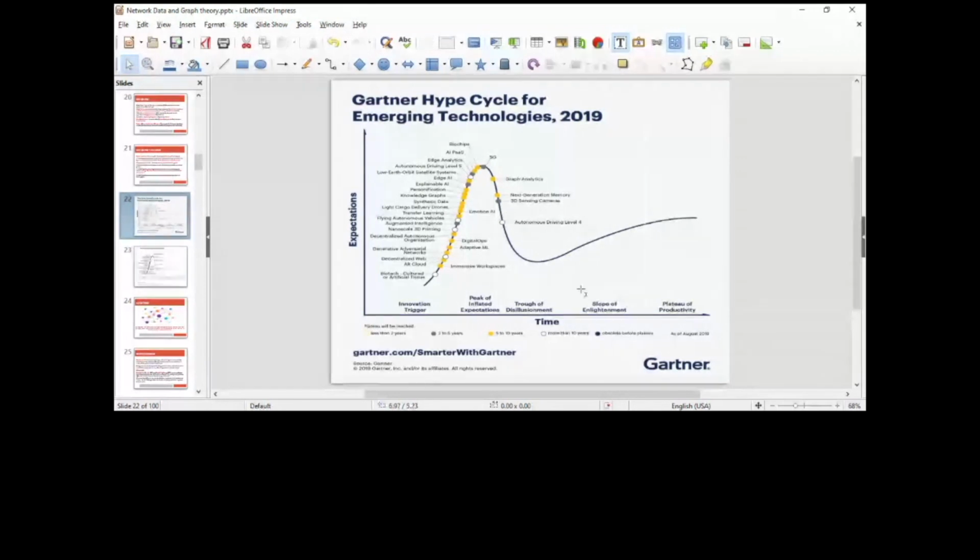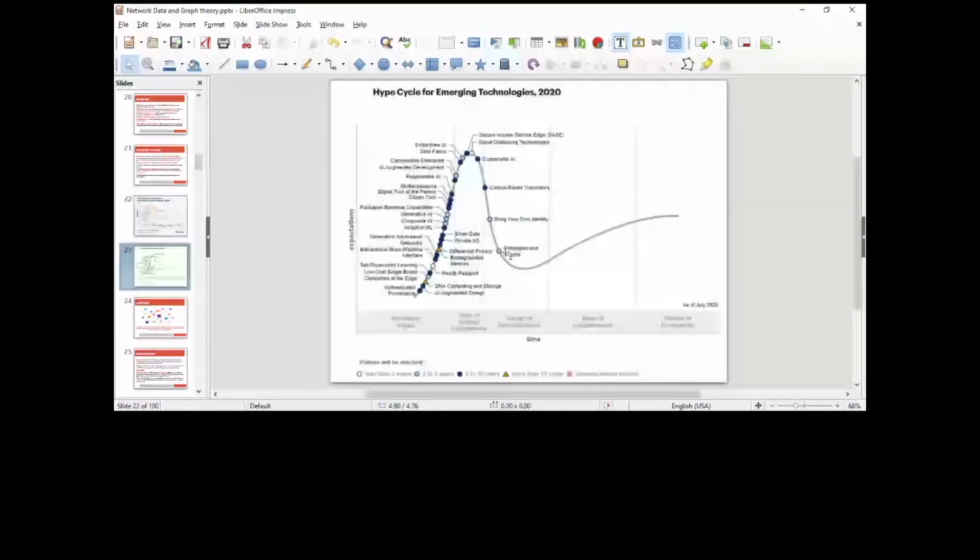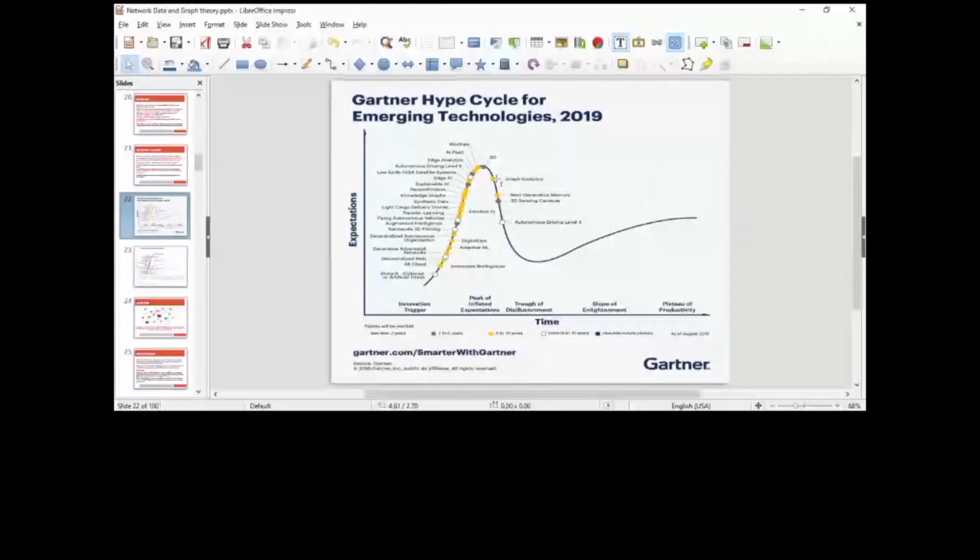So by now it will be at the trough of disillusionment, which is where by now all mistakes should have been made, and then the slope of enlightenment is coming up. I suspect that graph will be here by now. Look at it here, the graph is down here as well in 2020. So it's moving. If you look from 2019, it is now here in 2020.